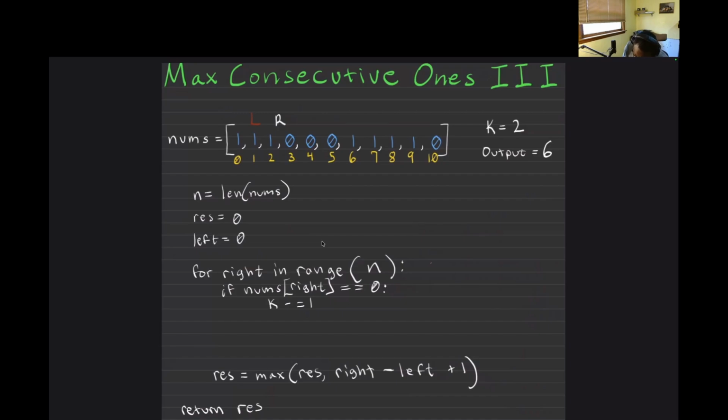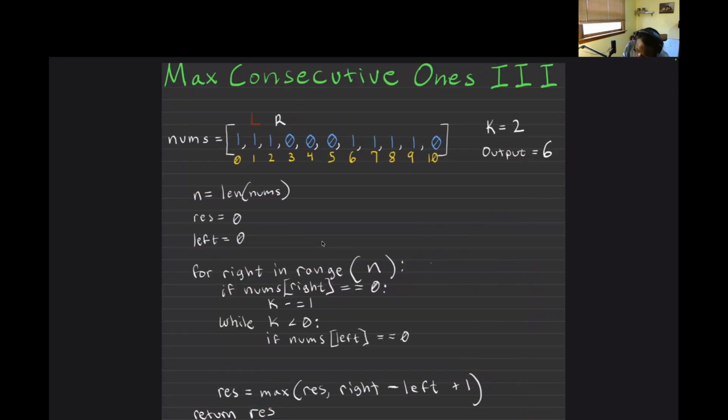So we say while k is less than 0, if nums of left is equal to 0, then we're going to say k plus equals 1, right? And we're going to say left plus equals 1 as well, right? We're going to shrink the window, and I'll explain to you with a walkthrough right now.